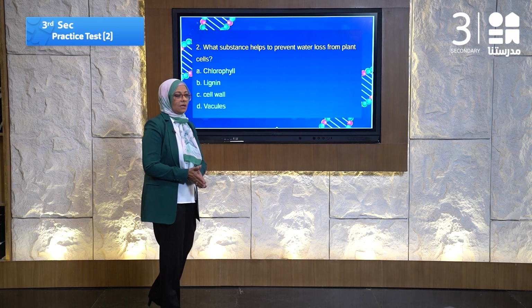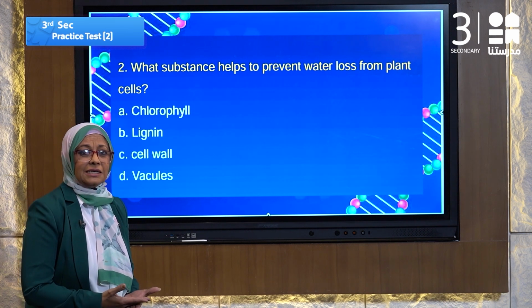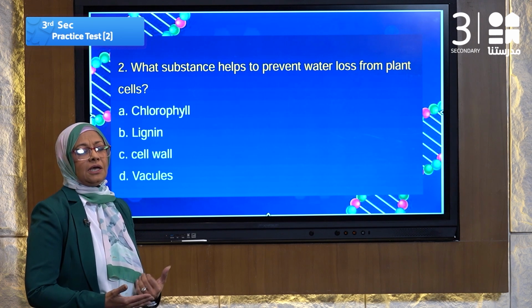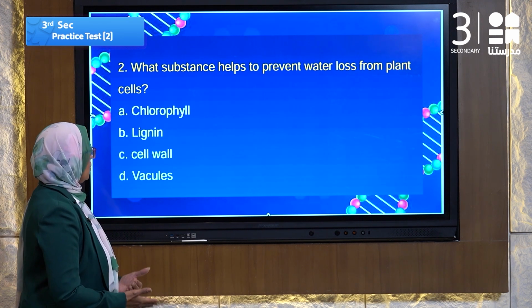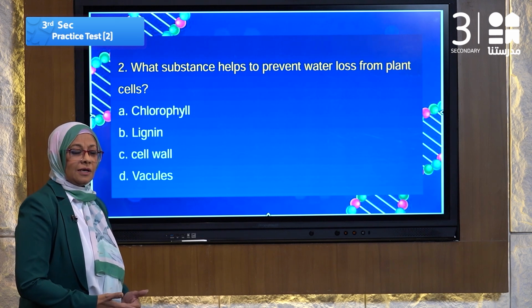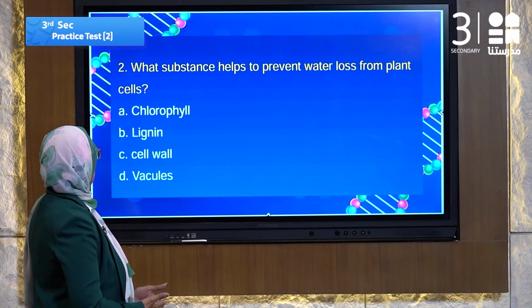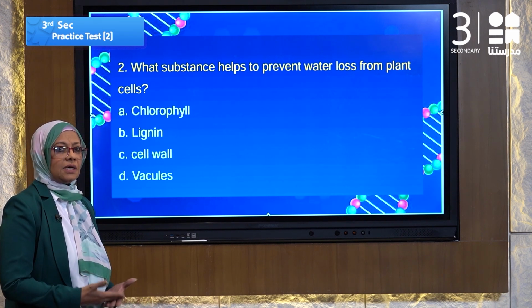Number B, lignin. Lignin is a substance we talked about in the deposition of the cell. C, cell wall. The cell wall is a wall found in the plant cell only. Vacuoles are a storehouse inside the cell.